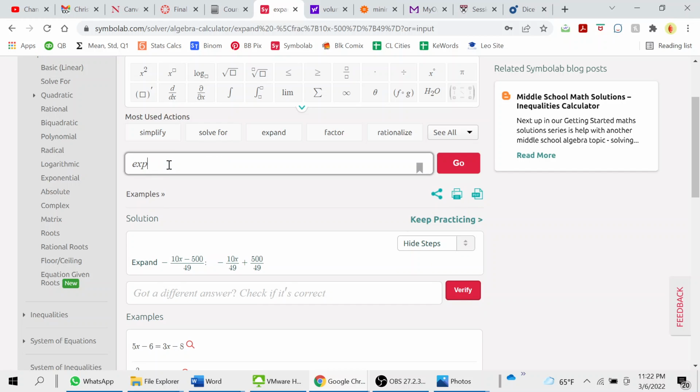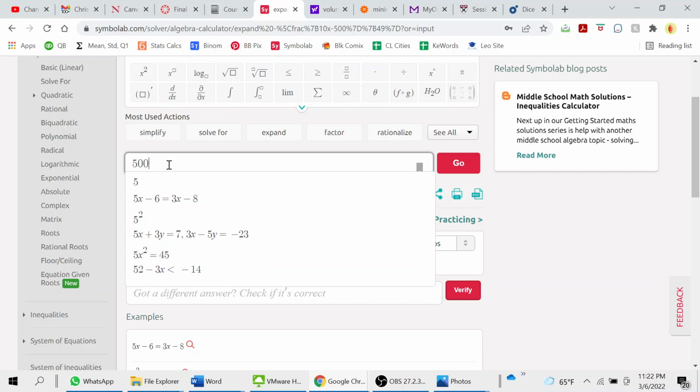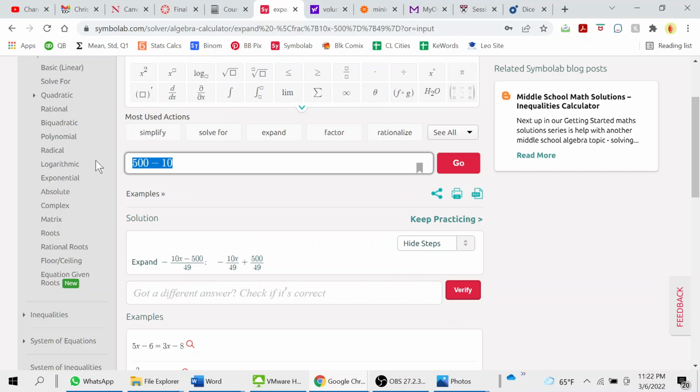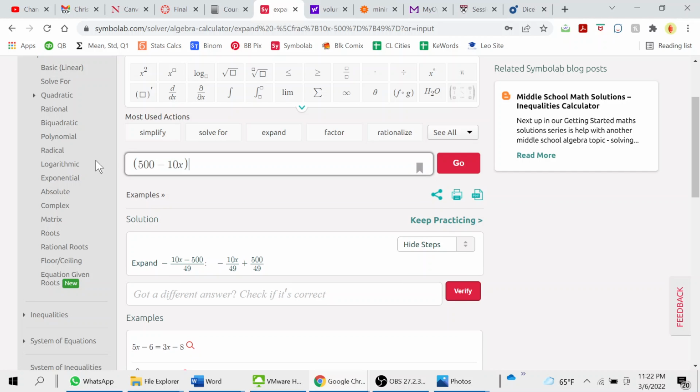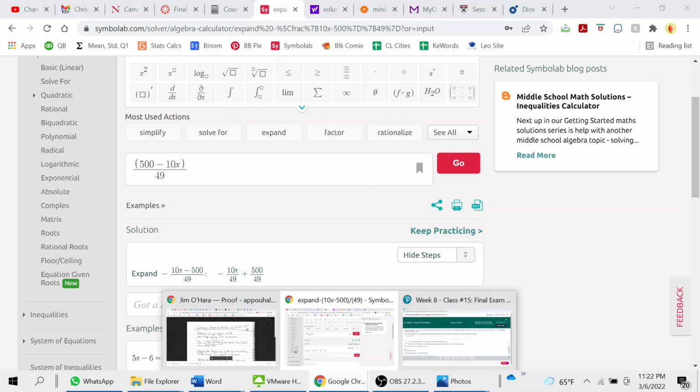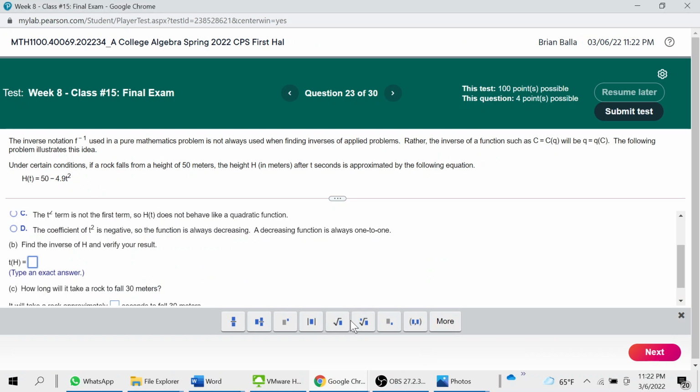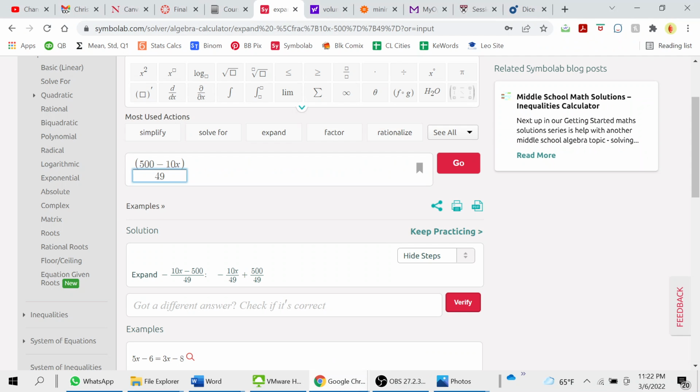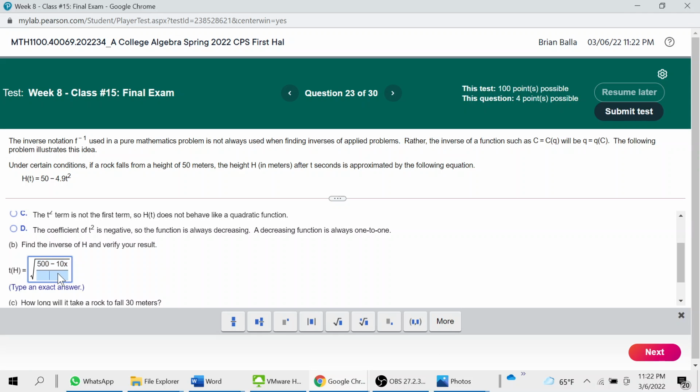So basically, this would be 500 minus 10x over 49, square root. Got it. Okay. 500 minus 10x over 49.